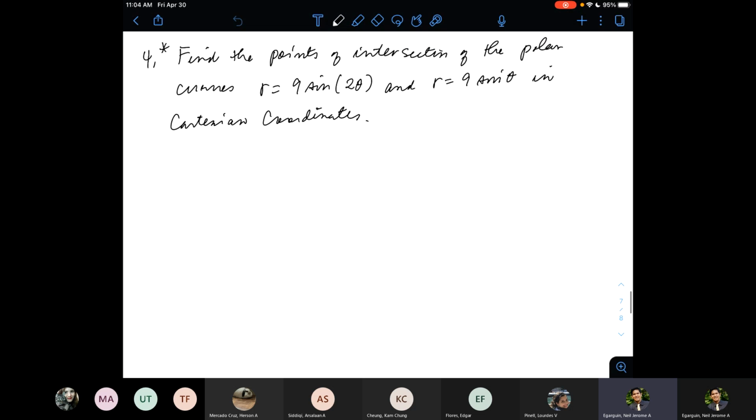So I guess the setup should be natural to you guys, because here we need to find the POIs, the points of intersection. You see the first curve is r equals 9 sine 2 theta. The other curve is r equals 9 sine theta. Both right-hand sides are equal to r. So you can start your solution by putting those right-hand sides equal to each other, because they are both equal to r.